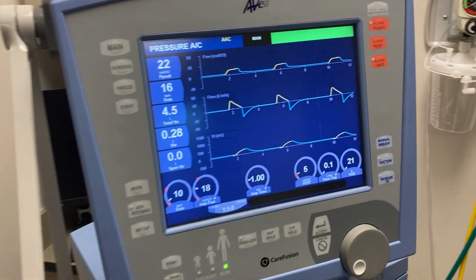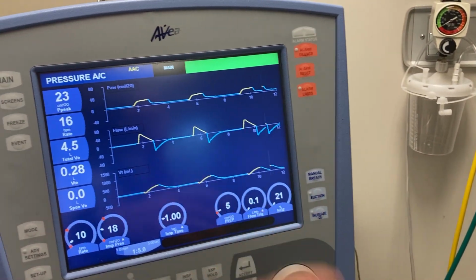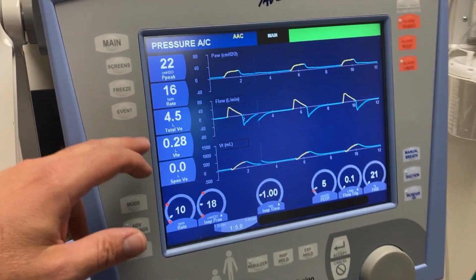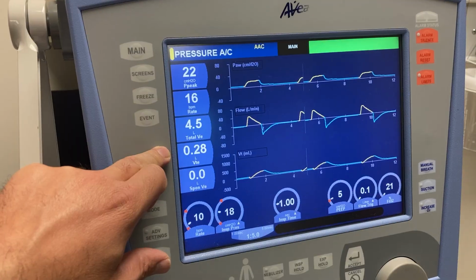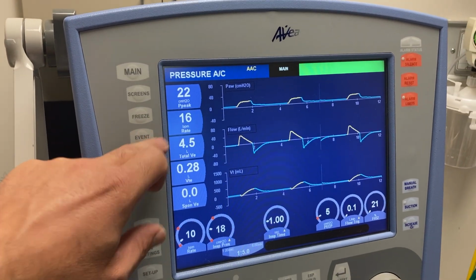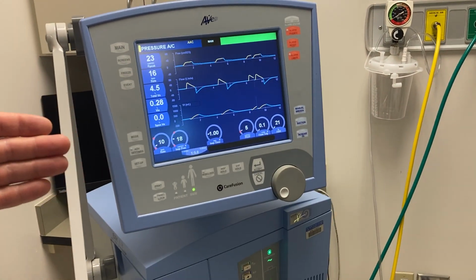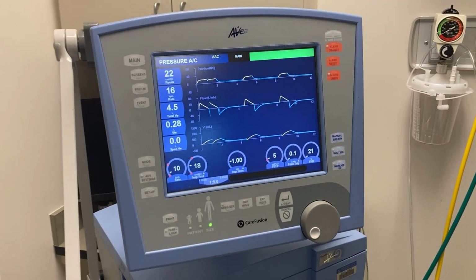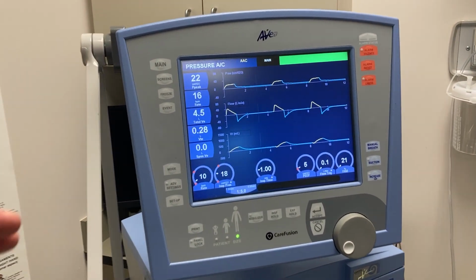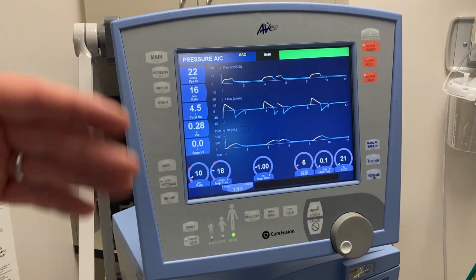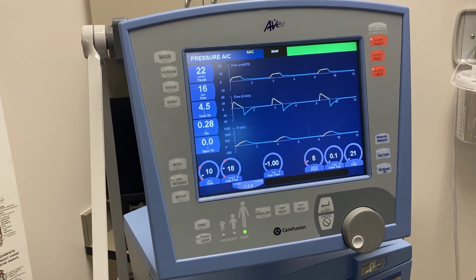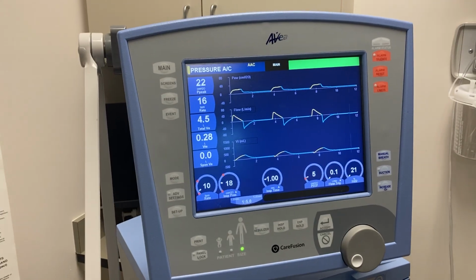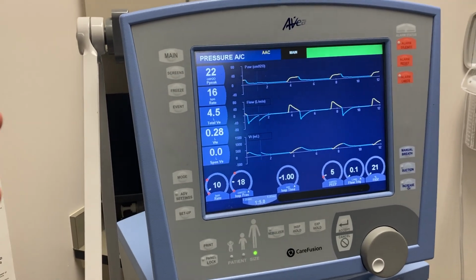Now, because somebody came in and inadvertently changed my flow setting and made it too sensitive, that minute ventilation doubled. If that ventilation made it down to the alveoli, the effective portion of your ventilation, then we removed that much more CO2. So there's a decent chance I went from a perfect looking blood gas to an iatrogenically induced respiratory alkalosis.